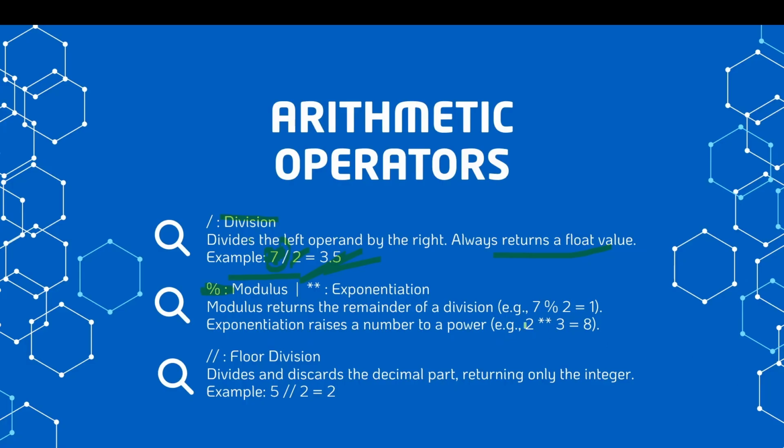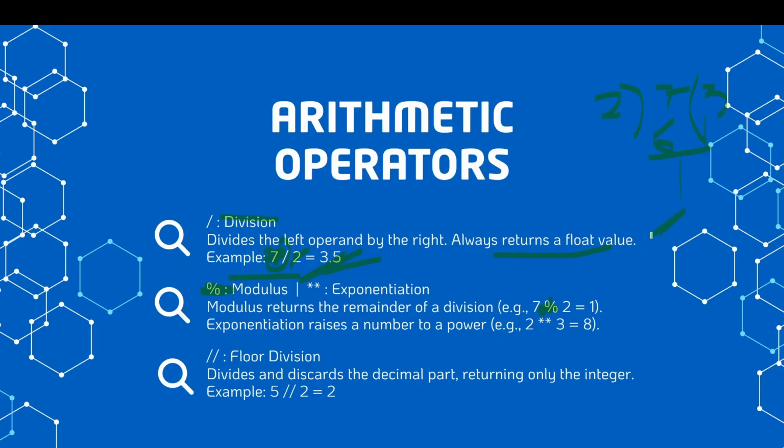Like you can see here, 7 % 2 is 1. It's not a percent, it's a modulo operator. Okay, modulo. 7 modulo 2 is equal to 1. How is it happening? When we divide 7 by 2, we get 3, 3 times 2 is 6, and the remainder we get is 1.